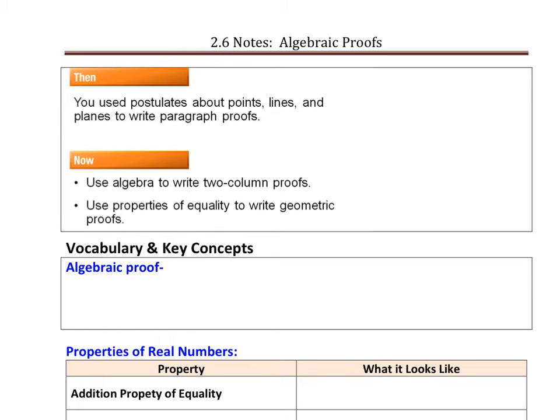Okay, so what is an algebraic proof? An algebraic proof is solving some kind of algebra problem, or usually, let's say, solve an equation for a particular unknown. The main thing on the proof side is that we're going to justify every single step that we make.